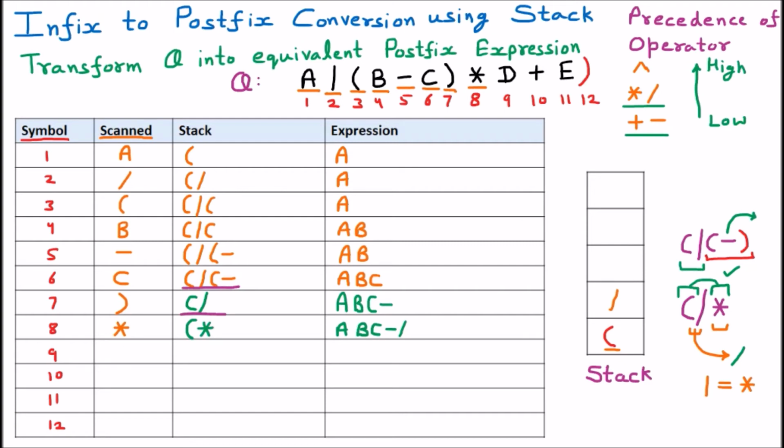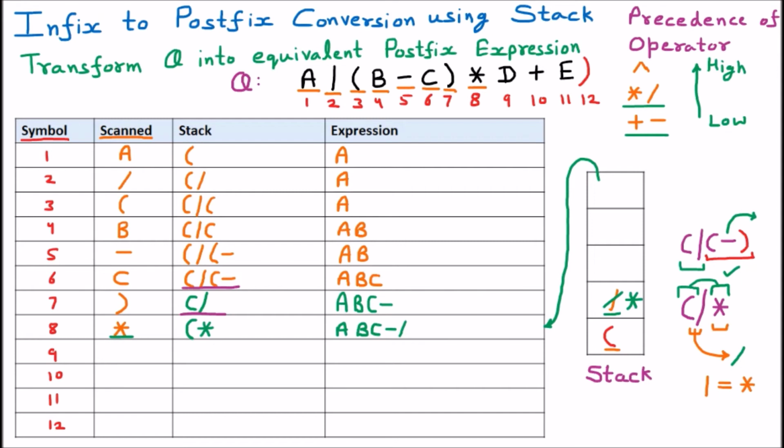If I go with the algorithm, then the algorithm says that whenever an operator comes, then we have to match the precedence. So this operator star and already slash, their precedence is compared. If both precedence are equal, then we will first pop out the operator, that means slash is popped out and that is put after the expression. Afterward star is placed at that position.